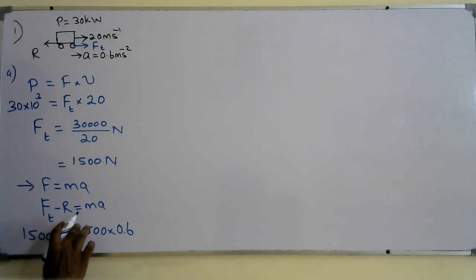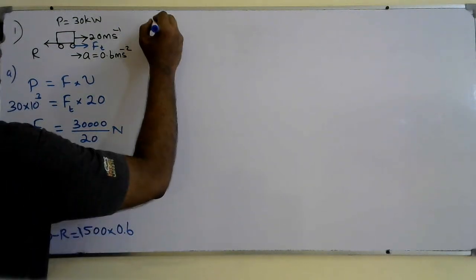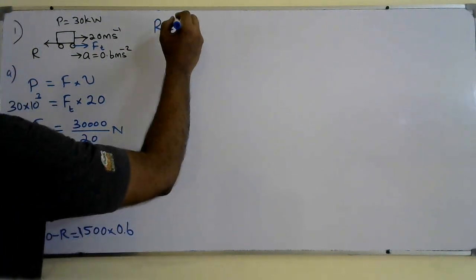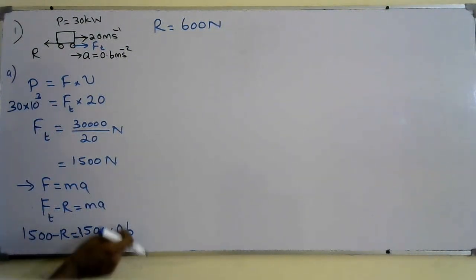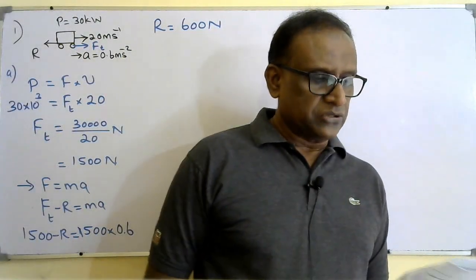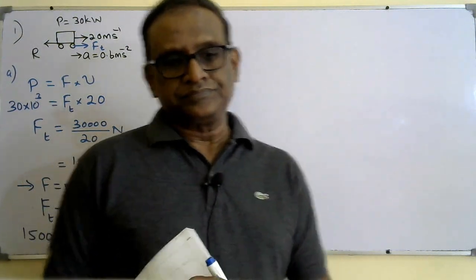Solve it, making R the subject. You will get R equal to 600 newtons. That's part a.